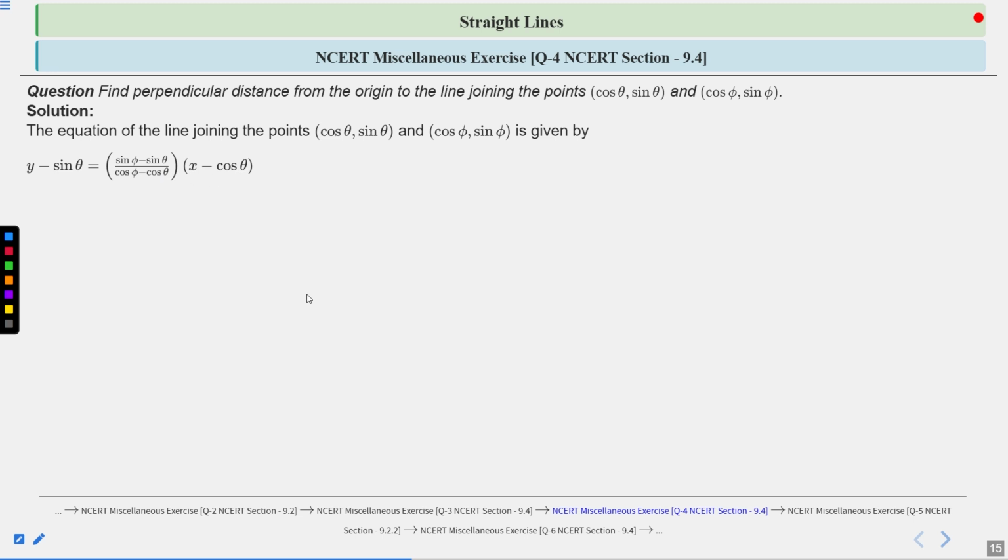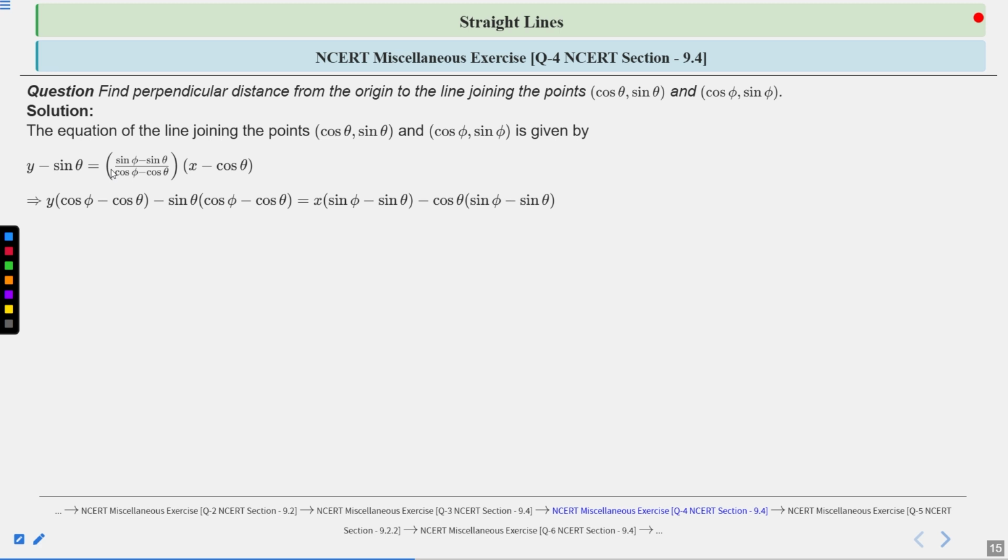Okay, so we used here the equation of the line joining two points x1, y1 and x2, y2, that is y minus y1 equals y2 minus y1 divided by x2 minus x1 times x minus x1.